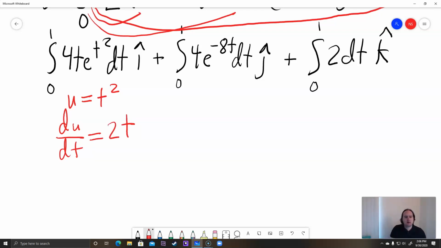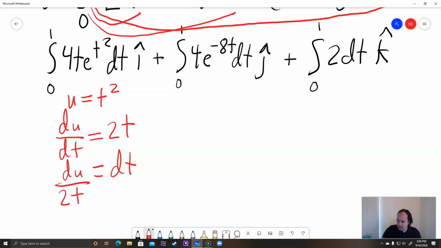Remember, you want to substitute in for dt, so I'm going to isolate dt here. Multiplying both sides by dt and dividing both sides by 2t, I get du over 2t equals dt.